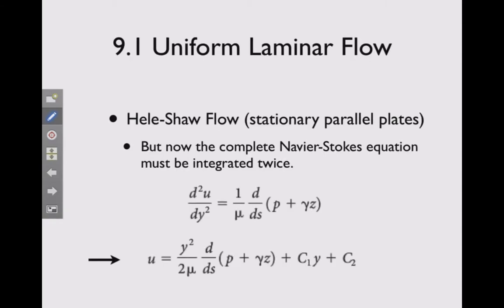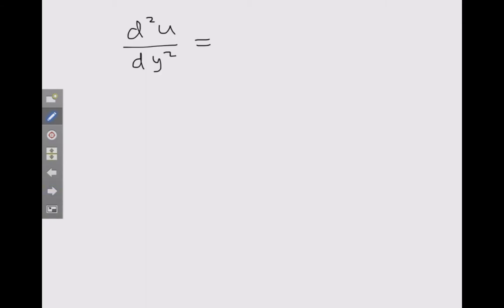We start out with d squared u over dy squared, and that's going to be equal to 1 over mu d ds of p plus gamma z.